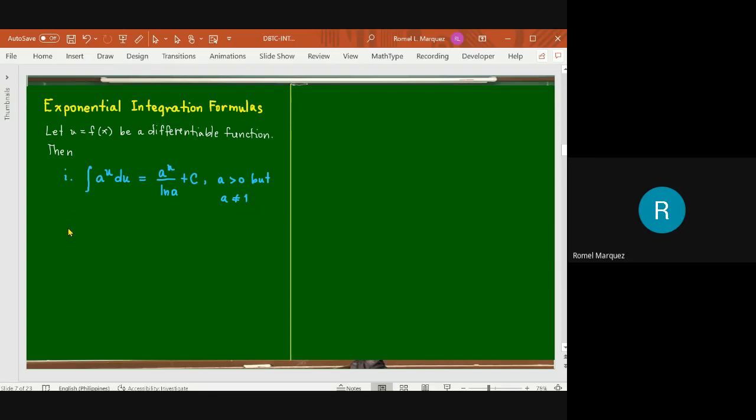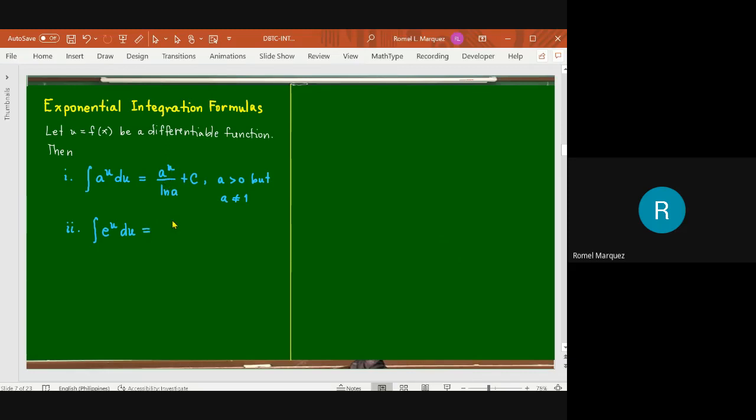And then a special case, if a happens to be e, so you will have integral of e to the u du, and that is equal to e to the u.